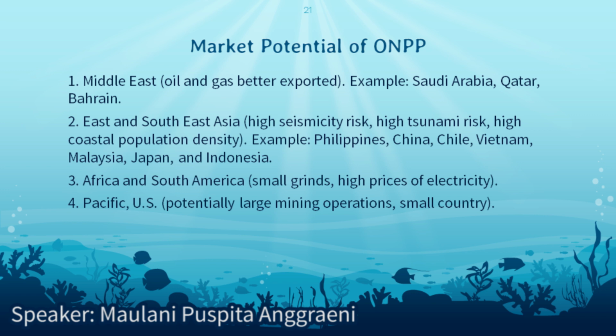Most of these countries are in East and South Asia, such as Chile, Vietnam, Philippines, China, and Japan. The third one is countries with small grids and high prices of electricity, which you can find in Africa and South America. And the last is potentially large mining operations and small countries, which you can find in small countries in the Pacific or even the US.